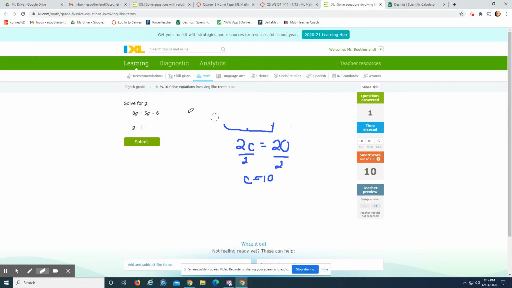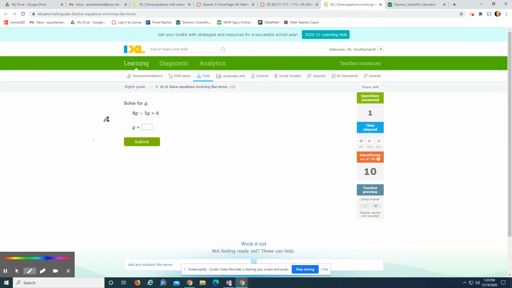And so for this problem, I'm going to do 8G plus, so we can do this over here. So I'm going to separate them. 8G plus 5G is equal to 3G.